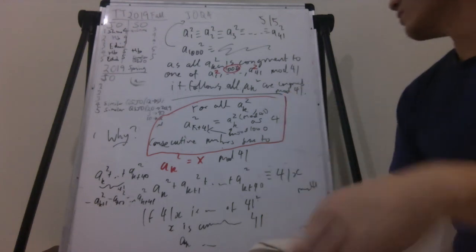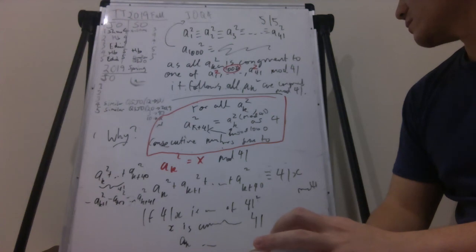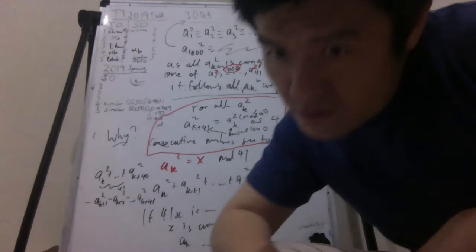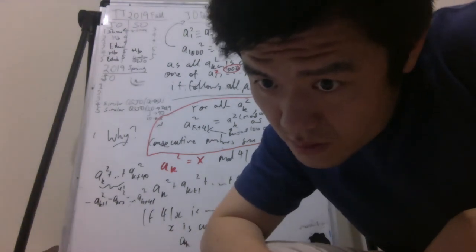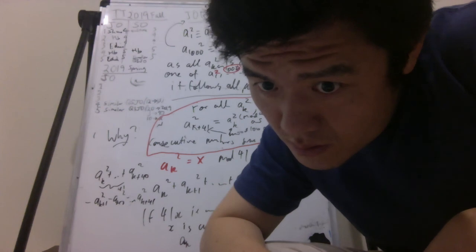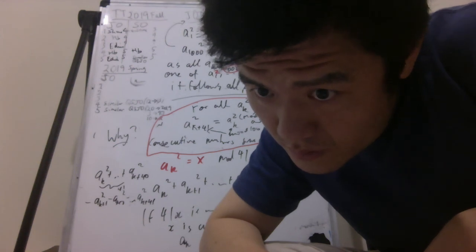What if you had mod 41 squared? There are more possibilities. Can you say something more? The 41 squared divides 41 a_i squared.